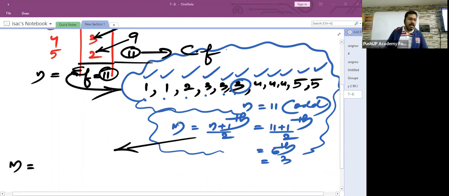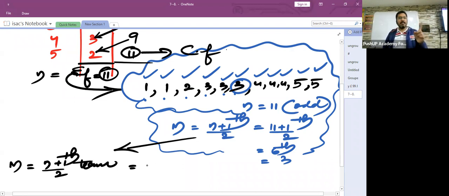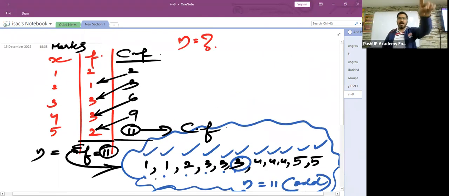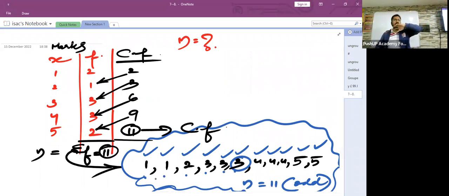Now, children, median will be the (N plus 1) by 2th term. That is equal to (11 plus 1) by 2, which is equal to the 6th term. And the 6th term in this table will give you the answer.